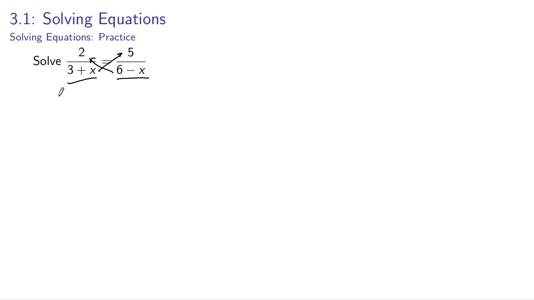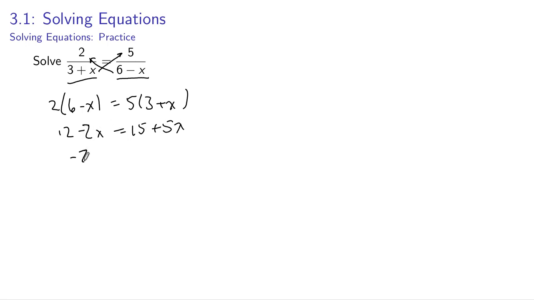Okay, so let's go ahead and write our cross multiplication. Do our distribution. Combine like terms, or get the x's on one side and the not x's on the other.